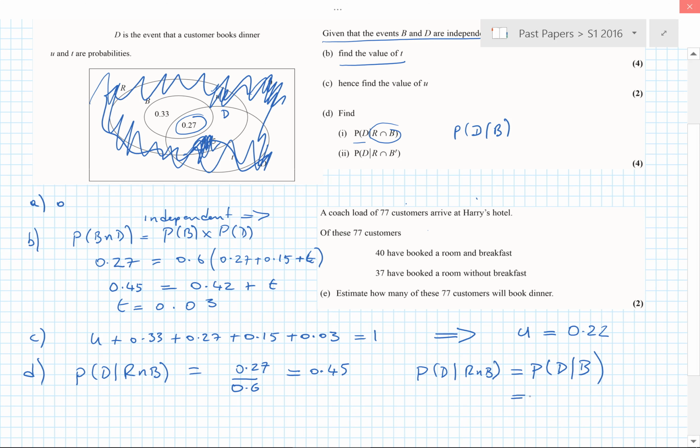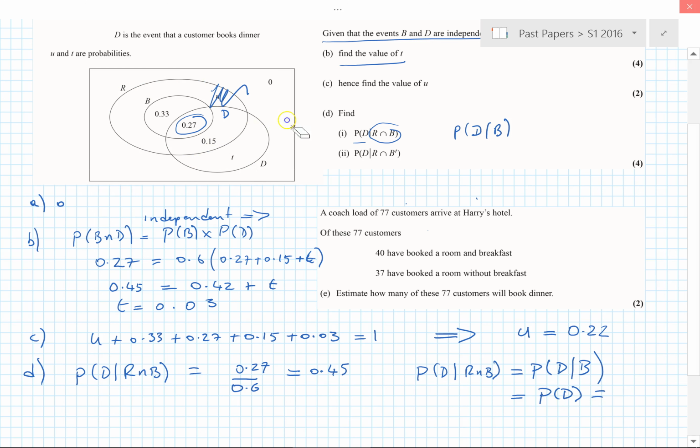And because we've already shown that D and B are independent, that's the same as the probability of D. And if we get rid of this now, we can see the probability of those three added all together is 0.45. So that's another way of looking at the same thing. Didn't occur to me at the time. In some ways it's simpler, but it's an alternative.